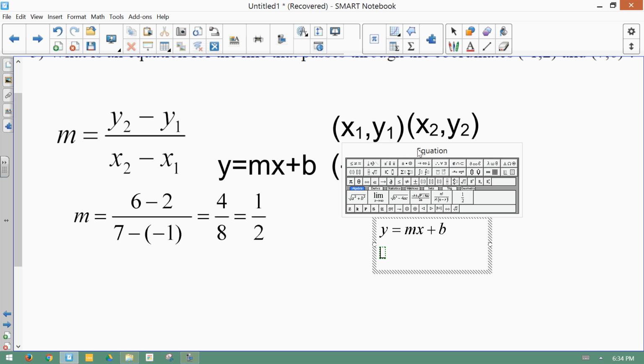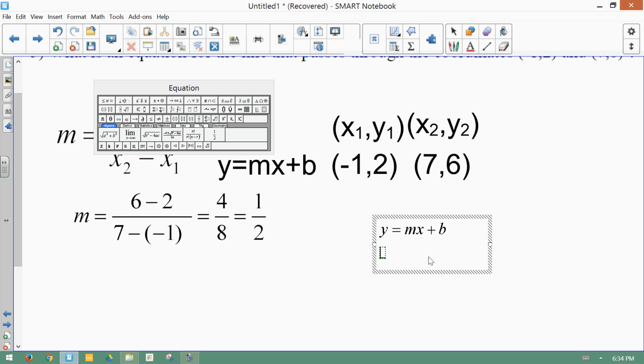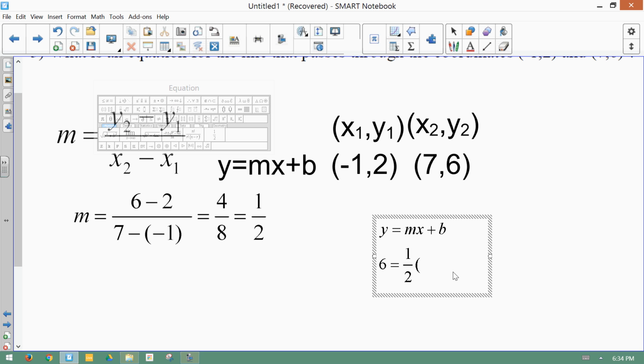So we'll use y2 is 6 equals, we know that m is equal to 1/2. So let's put a 1/2 there. And we're going to multiply that times whatever x is. X here is 7. Oh, this is going to be fun. All right, plus, and we don't know what b is, so we're going to put that there.